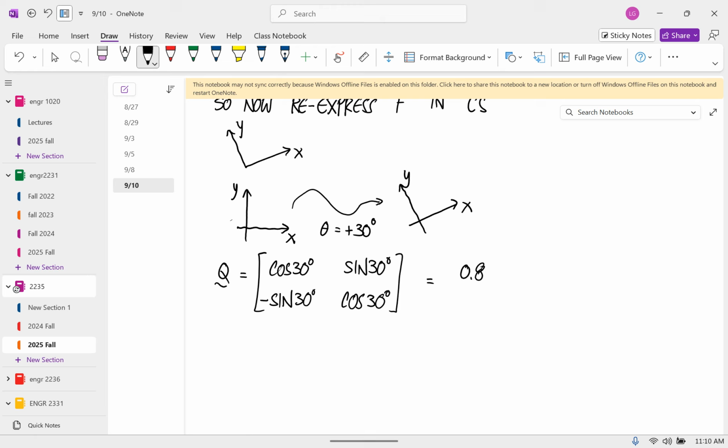The Q means rotation matrix. I always use Q for rotation matrices. The little squiggle says it's a matrix, the same way as an arrow over the top says something's a vector. So we get 0.866, 0.5, negative 0.5, positive 0.866.